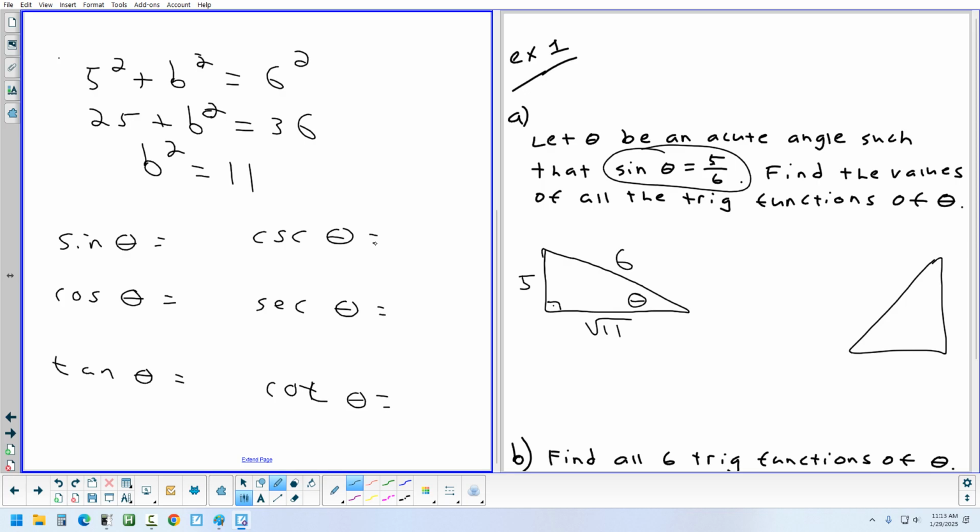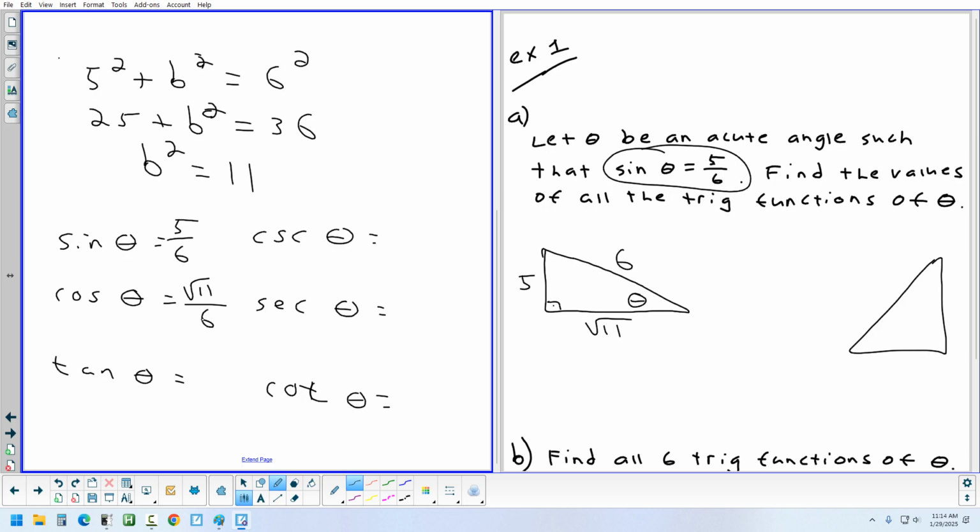Okay, let's start with the sine. What's my sine going to be? 5 over 6. Okay. How about my cosine? Square root 11 over 6.